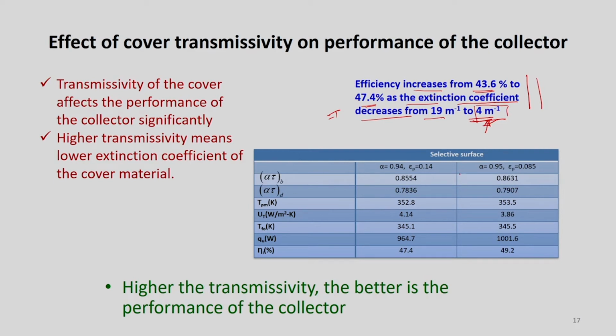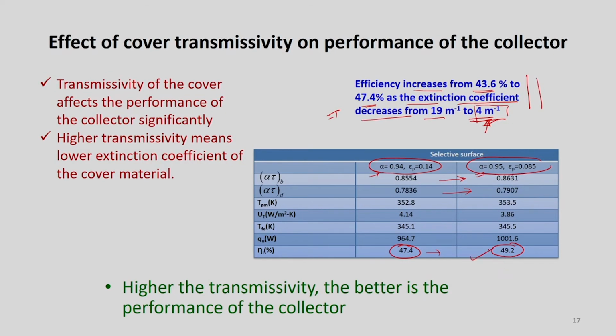As you can see here, two different selective surfaces are considered. In one, absorptivity is 0.94 and emissivity is 0.14, and in the second case absorptivity is 0.95 and emissivity is 0.085. If you see the transmissivity-absorptivity product for beam and diffuse radiation, there is a rise in those values. Also, you can see the increase in efficiency from 47.4 to 49.2%.